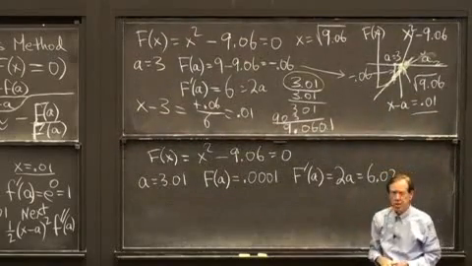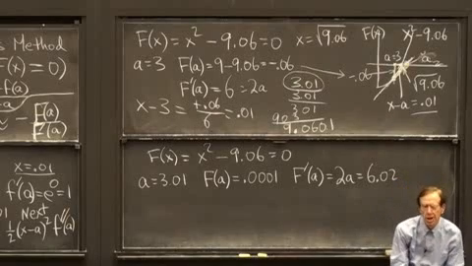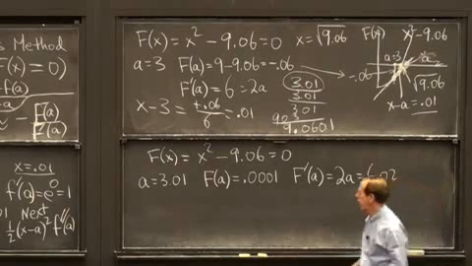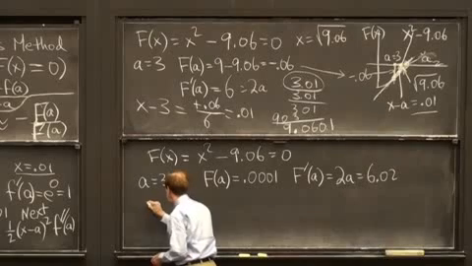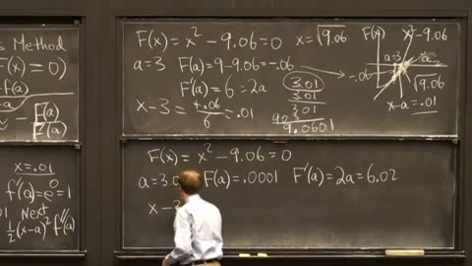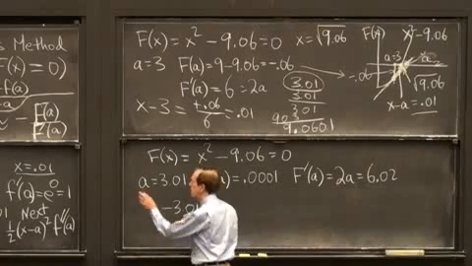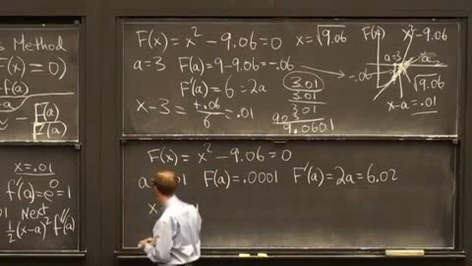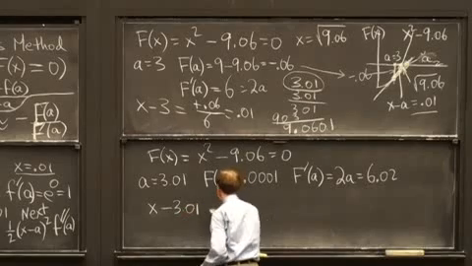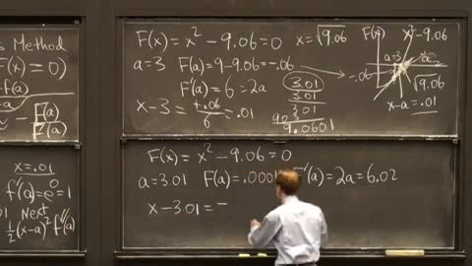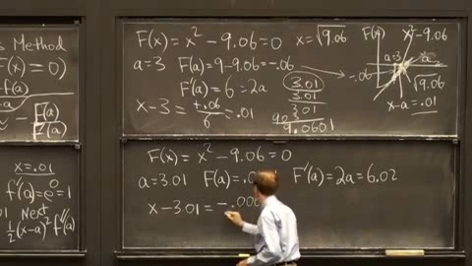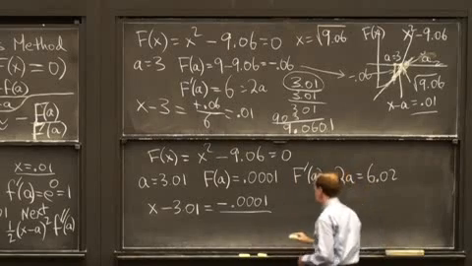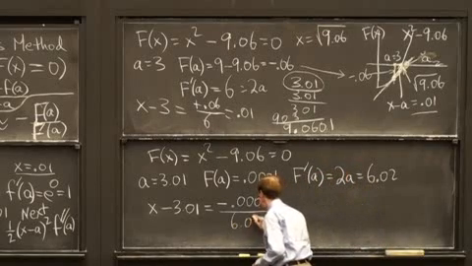And now let's find the new x, the highly improved x, better than 3.01. So Newton's method says the new x minus a. I'm just using Newton's formula. x minus the a is supposed to be minus the f of a, so that's 0.0001 divided by f prime of a, 6.02.